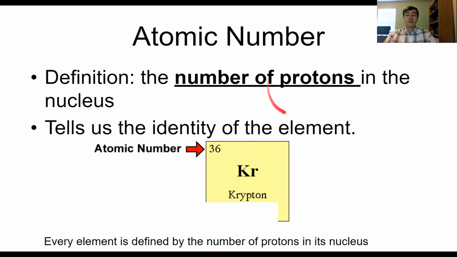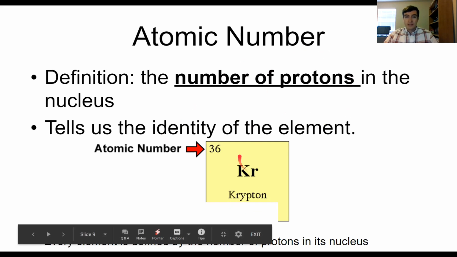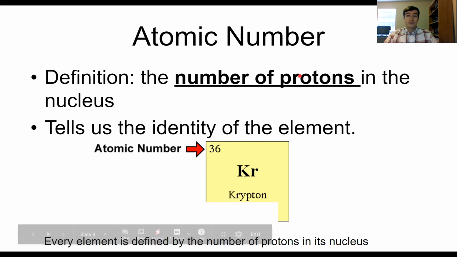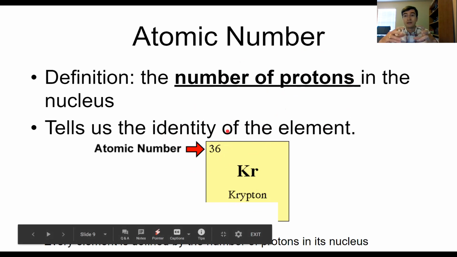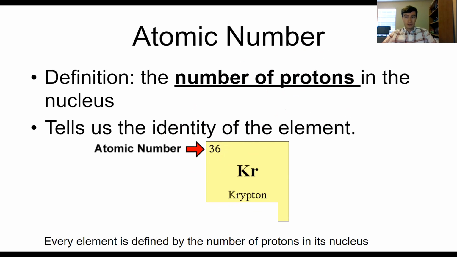However many protons an atom has, scientists said, all right, we'll just stick that number on as the atomic number. So in this case, Krypton has an atomic number of 36, which means that it's got 36 protons in it. Every single atom of Krypton has 36 protons in the nucleus. So that's all that this number refers to.